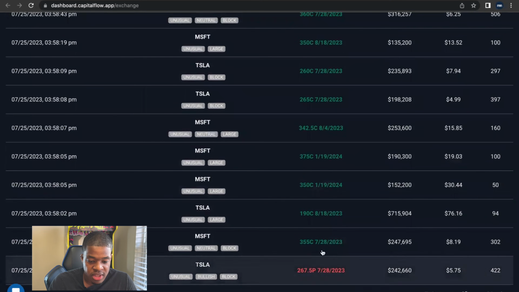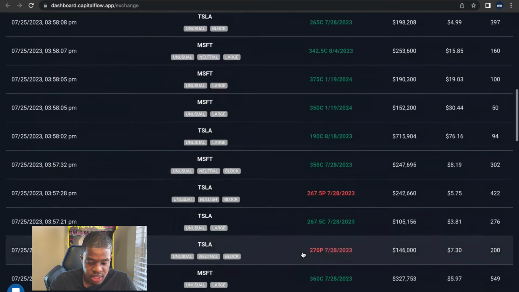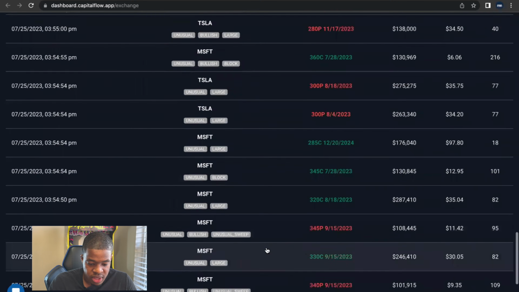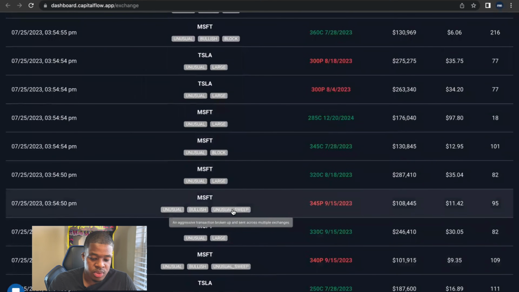And we also have sweeps. So I want to go and find an example of a sweep for y'all. I'm going to come to trades per page and open that to 50. So we can find, here we go, unusual sweep. Sweeps, it says, are an aggressive transaction broken up and sent across multiple exchanges. That just means instead of being patient and taking the time to wait for one really big order to fill, they split it up into a bunch of smaller orders so that they can get in quicker.